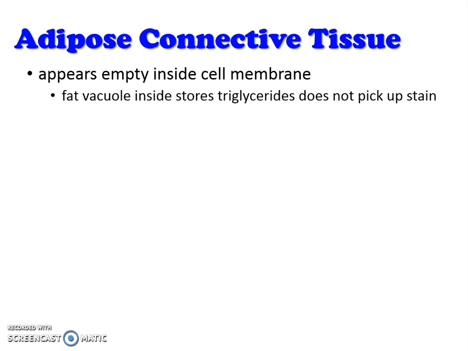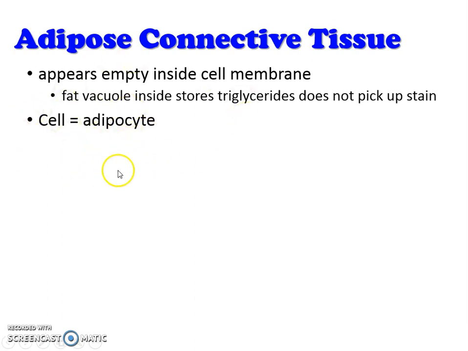And it just so happens that the stain that they use to dye the cell membranes and the nuclei is a water-soluble stain. And since the vacuole is made up of triglycerides, which is a fat-soluble or hydrophobic molecule, this does not pick up the stain, so it looks empty on the inside. The proper term for an adipose connective tissue cell is an adipocyte.